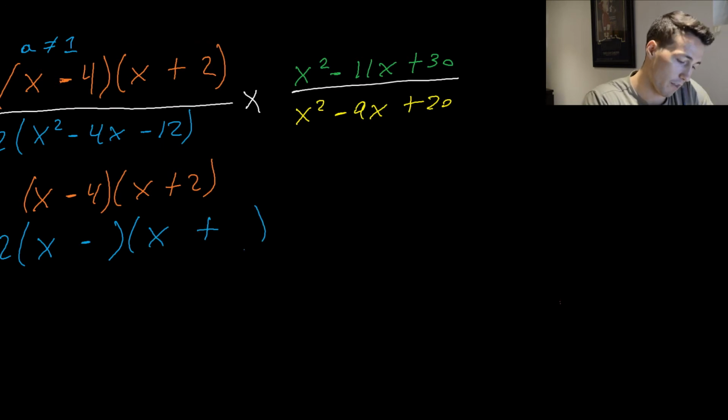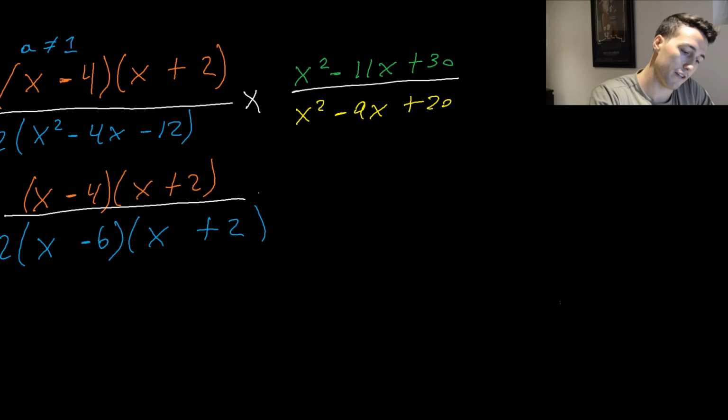Okay, so what are the factors of negative 12 that sum to negative 4? If we look at that, there's 6 and 2, and that's the one that works. So if we have negative 6 and positive 2, negative 6 plus 2 is going to give us negative 4. And also, negative 6 times positive 2 is going to give us negative 12. So then that would be the denominator factored.